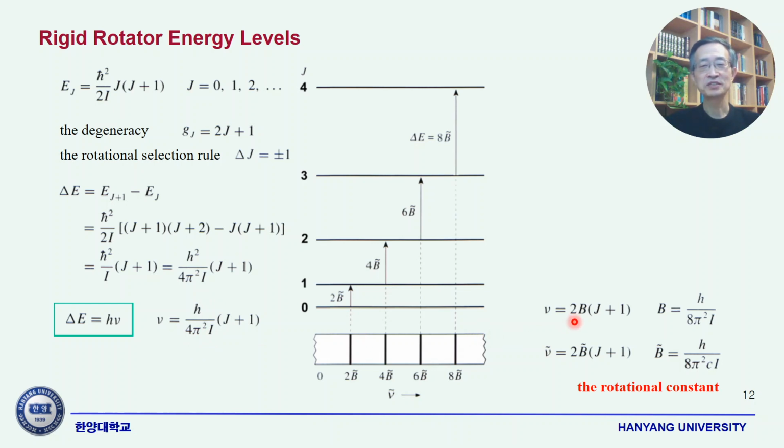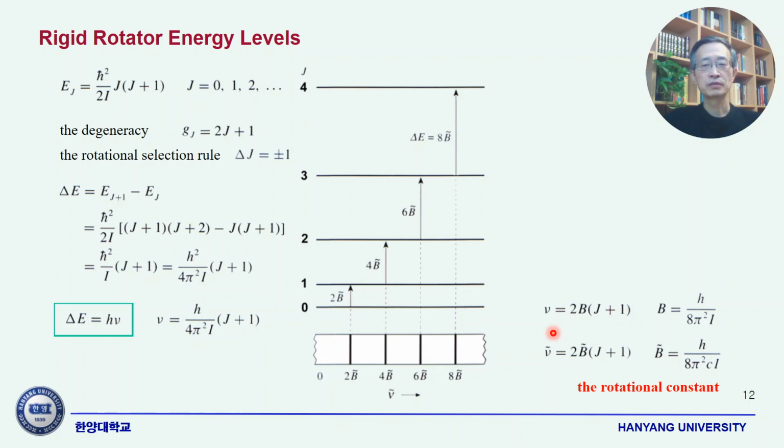So that's 2B, and B is the rotational constant. Sometimes people just say 2B is the rotational constant, which is confusing, but B is the rotational constant, which is half of this. So h over 8 pi squared I is the rotational constant B, giving 2B(J plus 1).